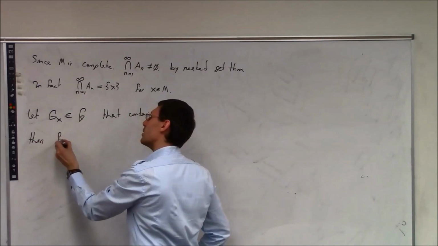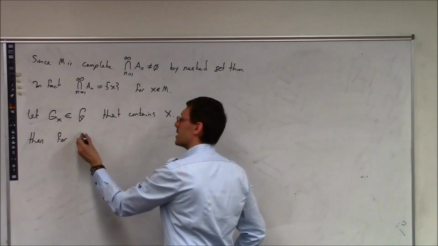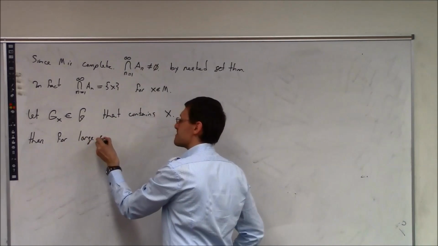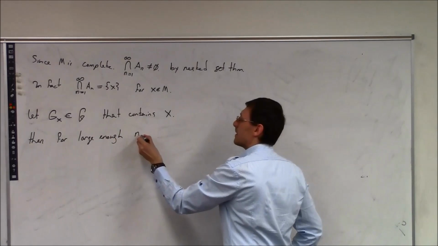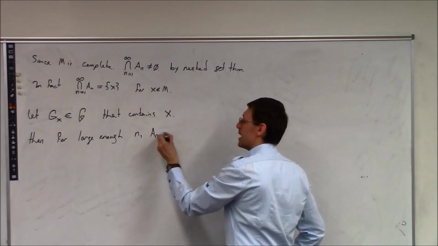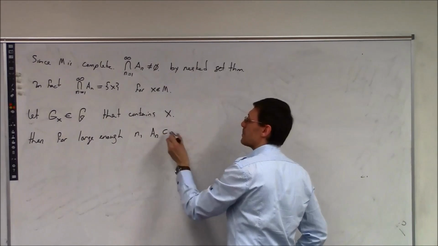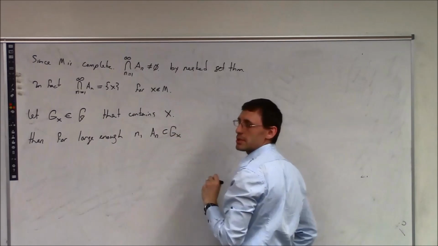Then for large enough n, A sub n will be a subset of Gx, which is a contradiction.